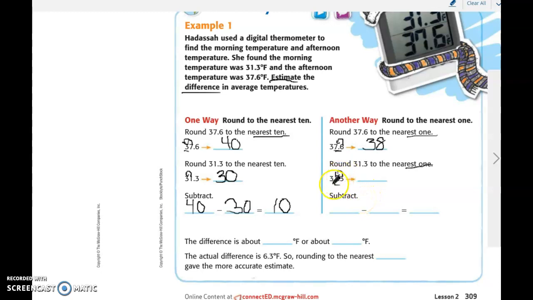So what is my 3 telling my 1? To let it rest. So we're going to keep it at 31. Now we're going to go ahead and subtract. We have our numbers, 38 minus 31. Let's go ahead and find our difference.